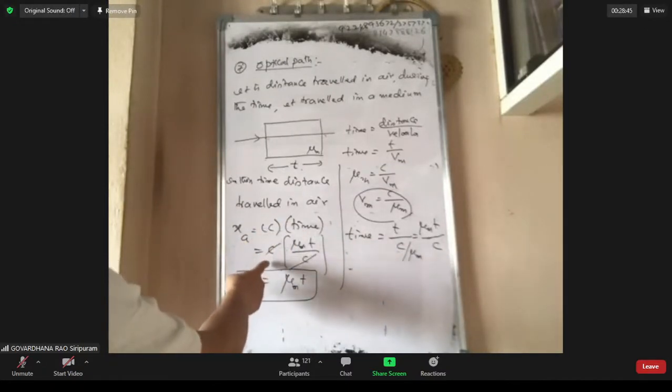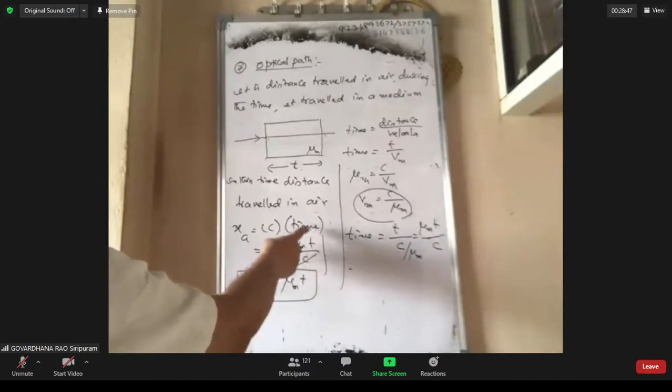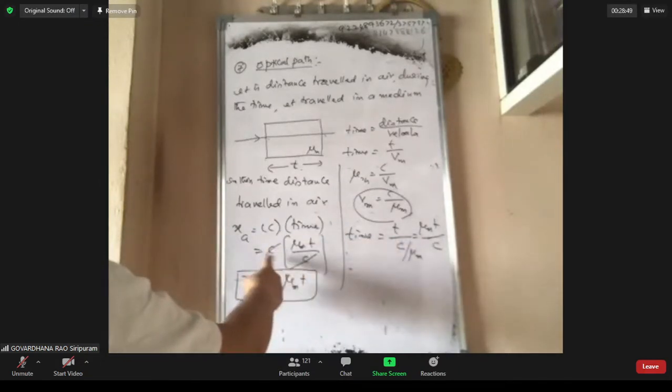Velocity of light in air is c, and time is that. Substitute it, c cancels. Okay, no? Yes, sir.